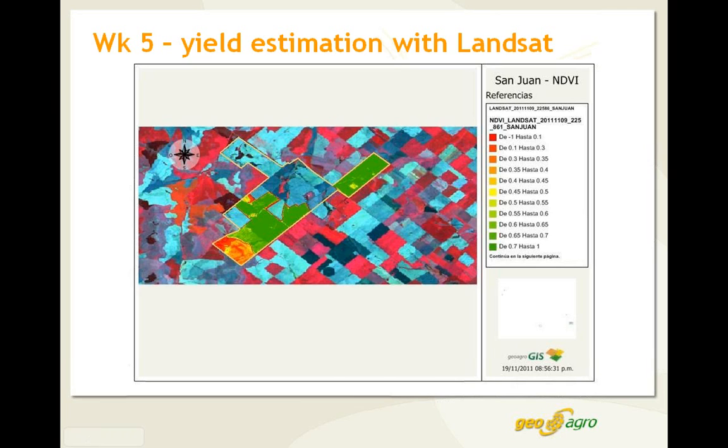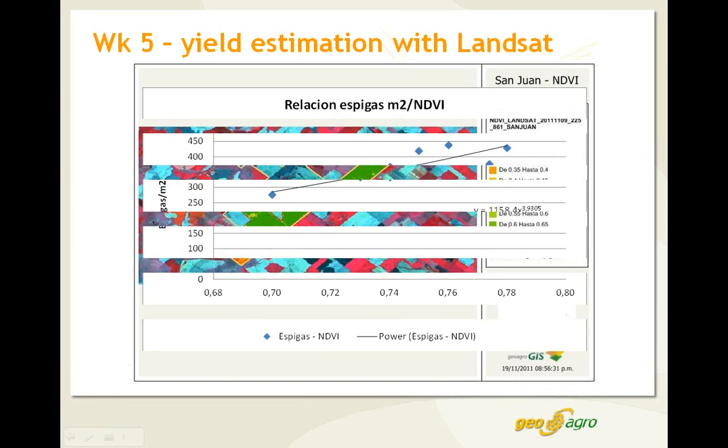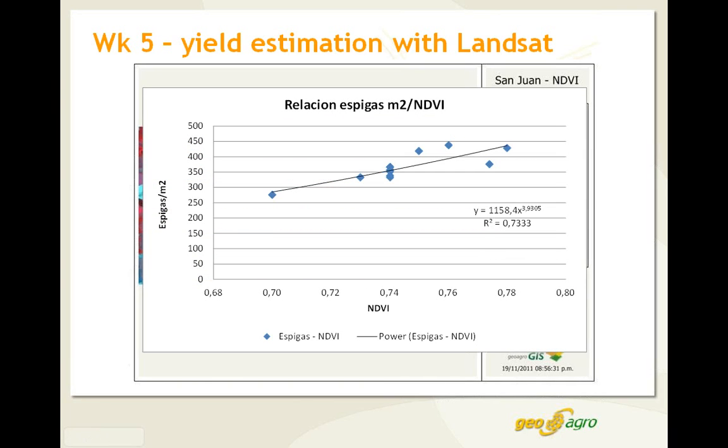This is very recent, so as you can see, this is November 9th, 2011, 11/09. It's November 9th. So that was a little bit more than a week ago. And we process the NDVI based on Landsat imagery. Based on that, the consultant goes to the field and correlates some sample points.